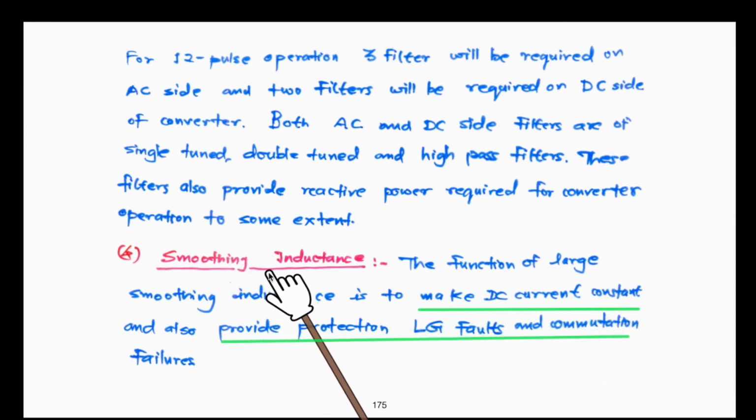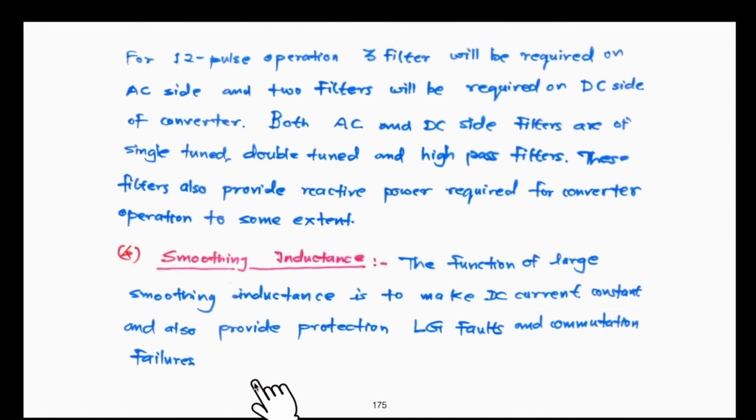Smoothing inductances are connected on the DC line, so they take care of DC current harmonics and make the DC current constant, because we want an absolutely flat current profile on the DC side for stable operation while transferring power in the form of HVDC. A second important thing is that it provides protection against line to ground fault on the DC transmission line, and against commutation failure.